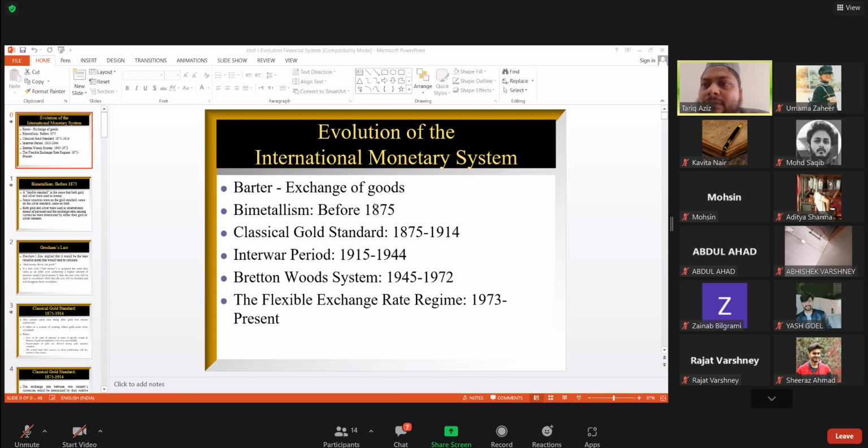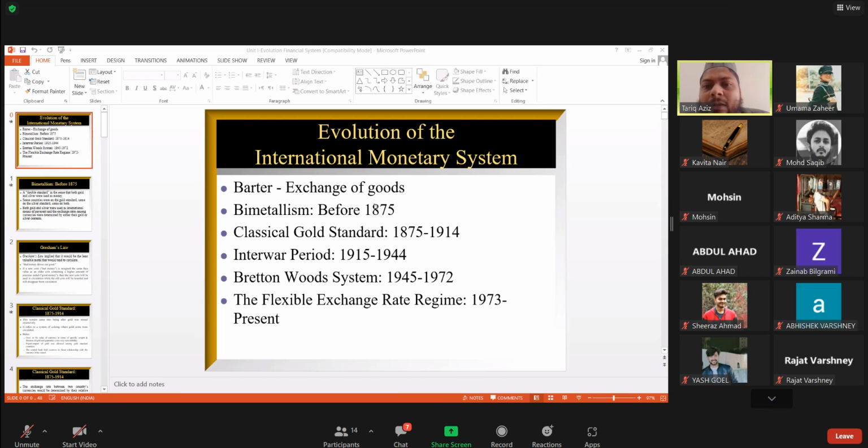Sometimes these coins were, if gold and silver are being used as currency, there is no need for a government to print or make coins of gold and silver, to issue coins, because gold, whether it is minted by the government or owned by some private person, has equal value, isn't it?